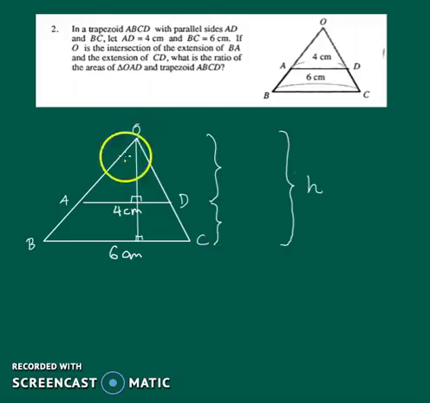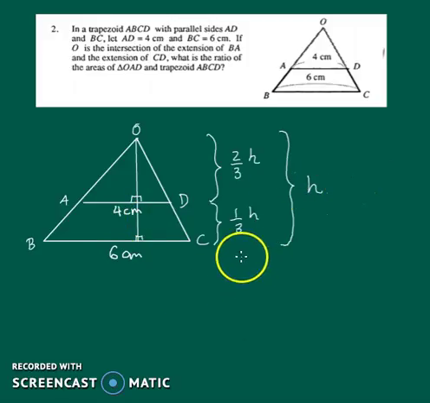Well, I happen to know that a measure in the smaller triangle is 2/3 of the measure in the large triangle. So if the height of the large triangle is H, then the height of the smaller triangle must be 2/3 of H. And that leaves just 1/3 of H for this bottom here, which is the height of the trapezoid ABCD.